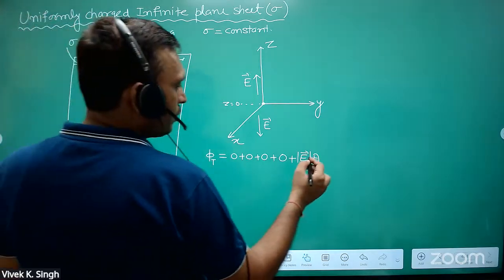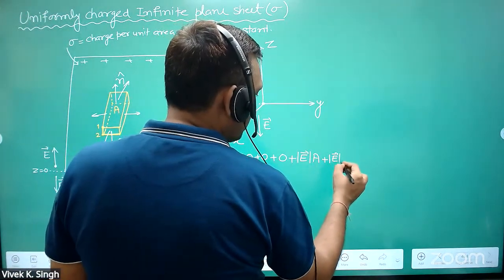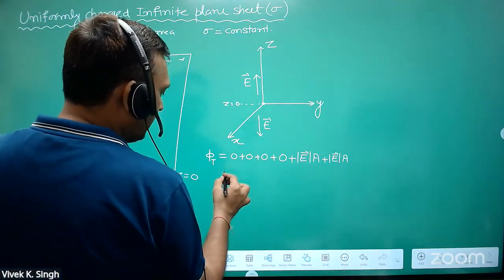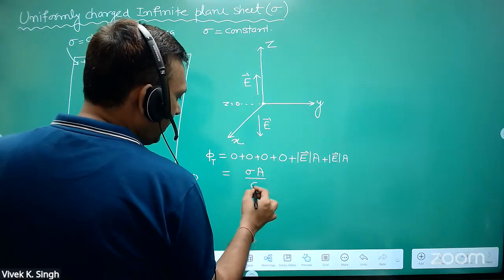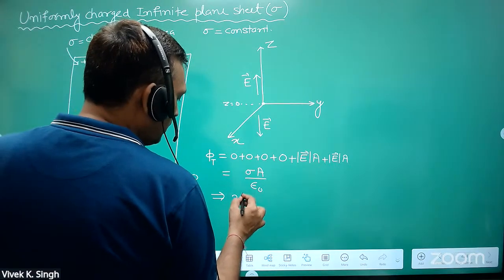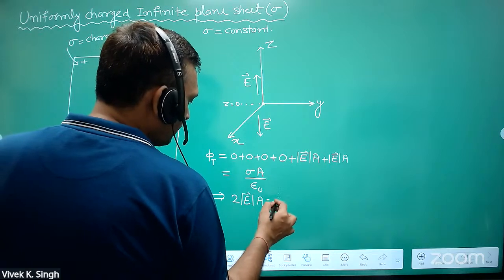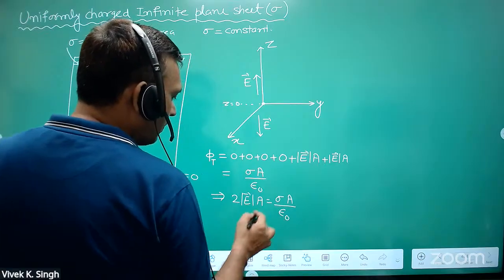Lower surface also mod E into A. This is the total flux, and that is given by charge enclosed within the Gaussian surface divided by epsilon naught. So you will get 2 mod E into A equals sigma A by epsilon naught.